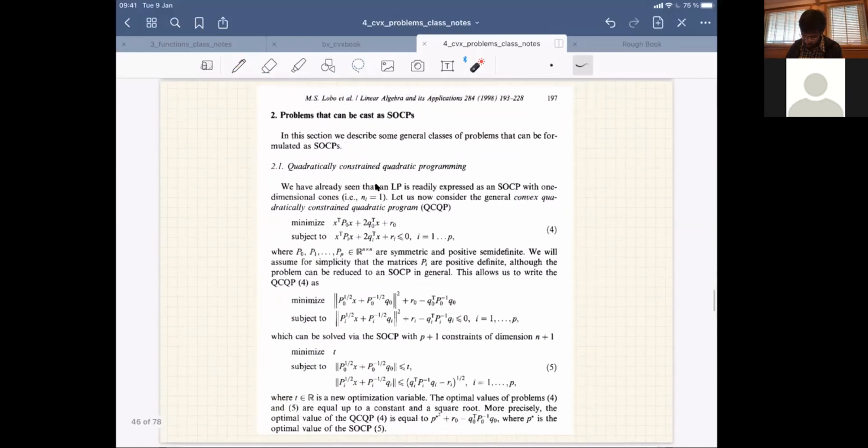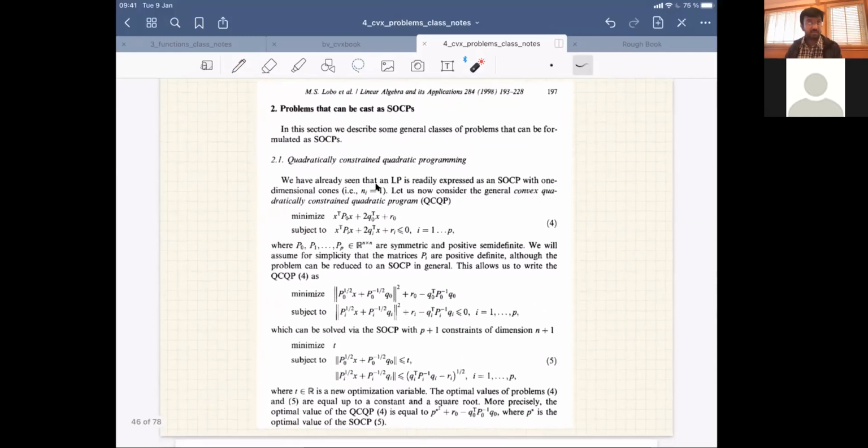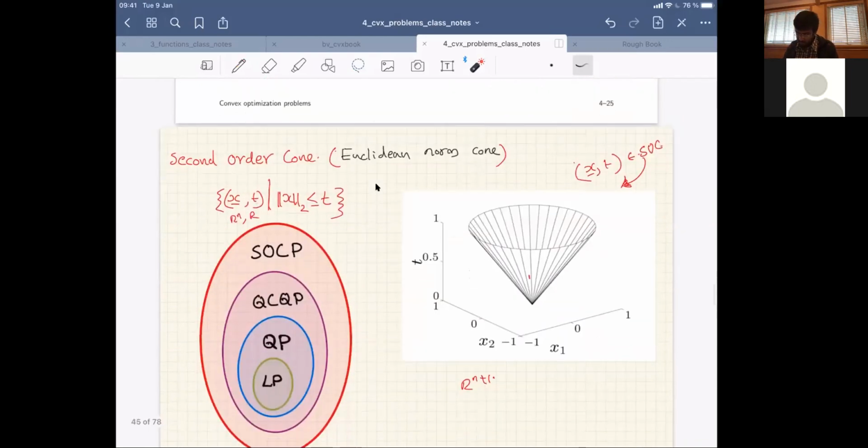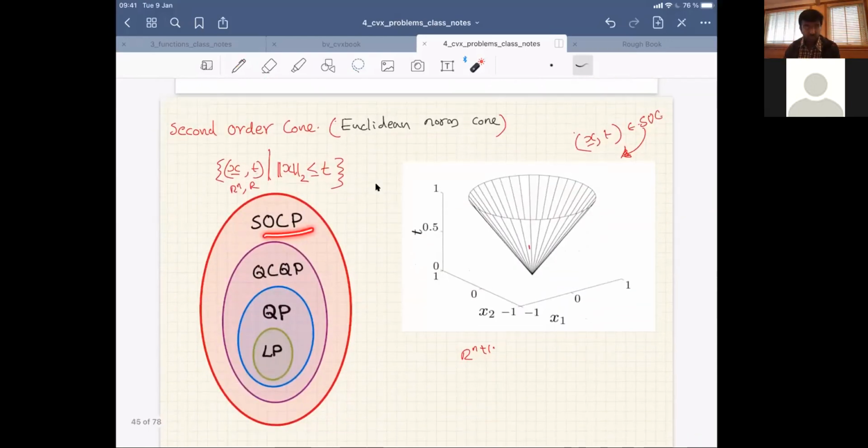I will not go into that, but you can read this later, where they show how a quadratically constrained quadratic program can be expressed in the form of a second order cone program. So the conclusion is that SOCP is the general class of all these: QCQP, QP, LP. Any of these subclasses will fit into SOCP.